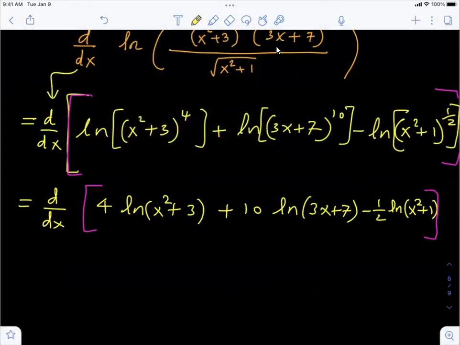Now look at this. At this point, you have only summations inside ln terms. That means you cannot simplify it any further. You can simplify when you have a multiplication or a division inside ln, but you cannot do anything when you have just a summation or subtraction.